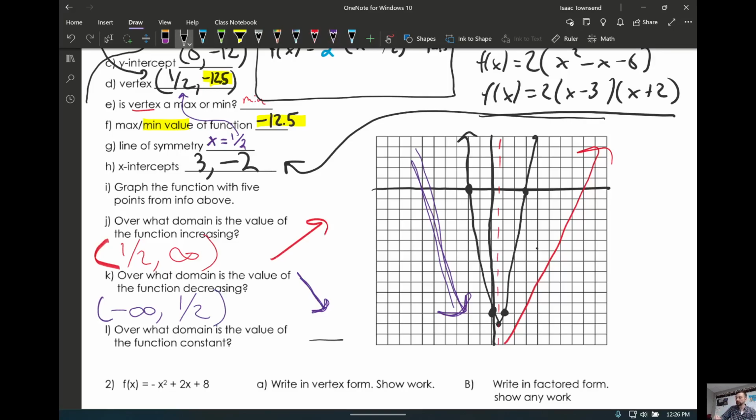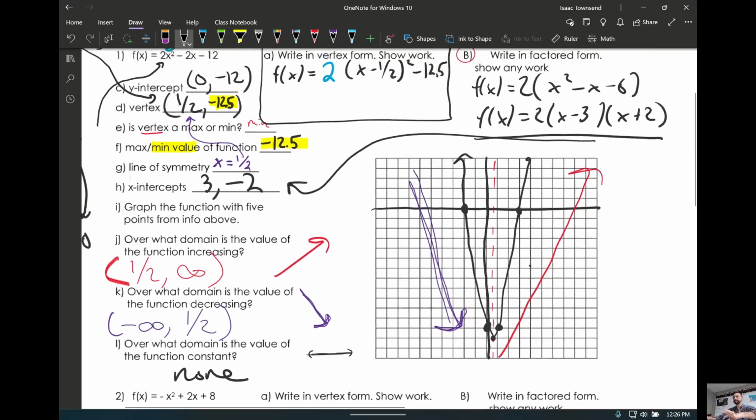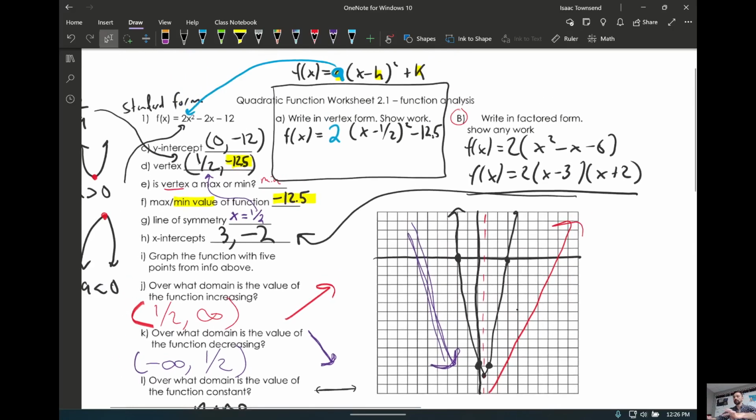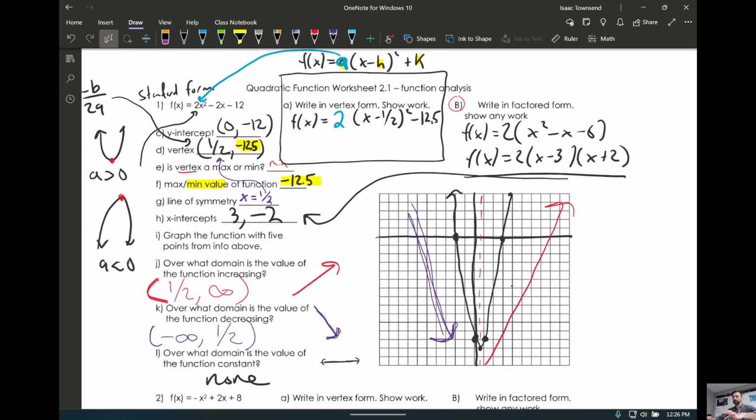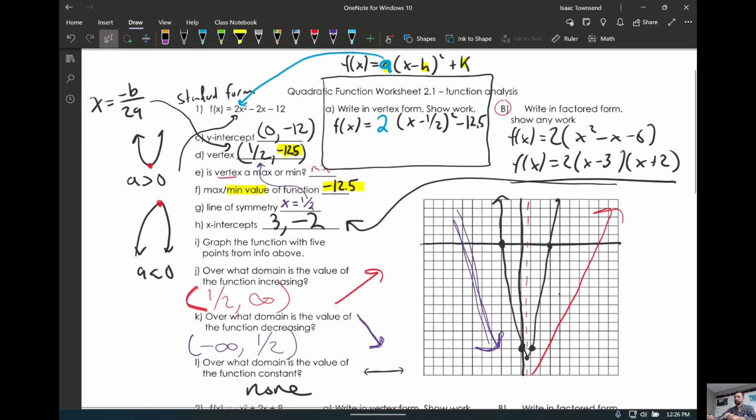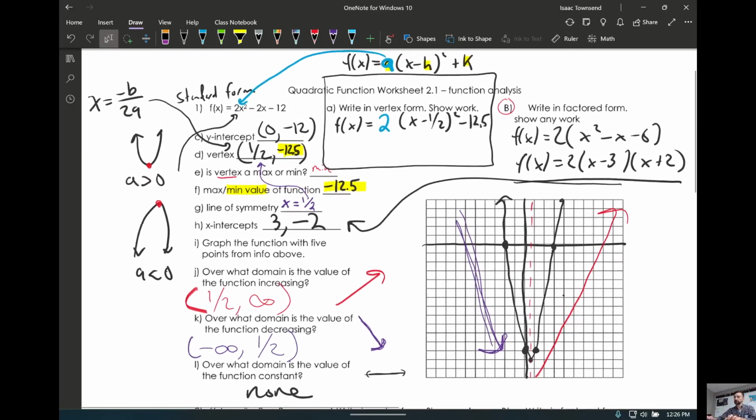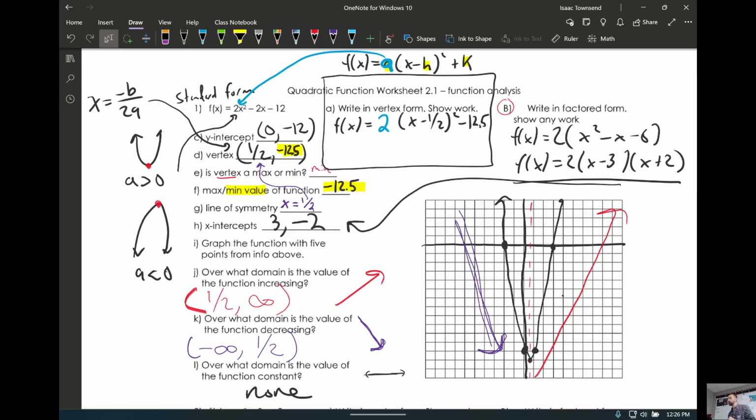And for your equation to be constant, it would have to be flat for a while. That's not going to happen on quadratics. Your graph's either going down or up: down to the vertex and then up after, or up to the vertex and then down after, depending on which way it goes. So again, I know that's a lot of information, but most of that should be pretty familiar to you. Let me try to put all of this up here on the board so that you can finish copying down what you need to.